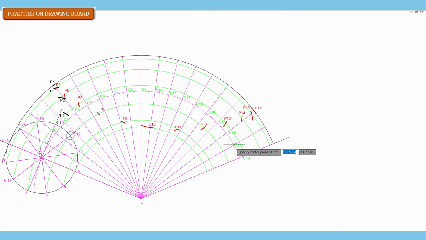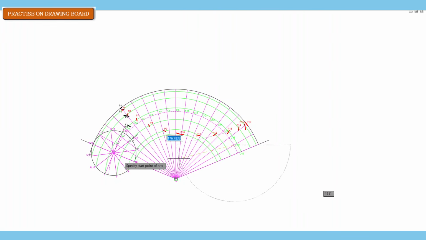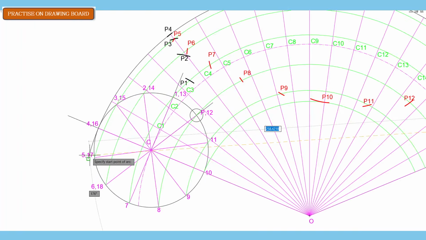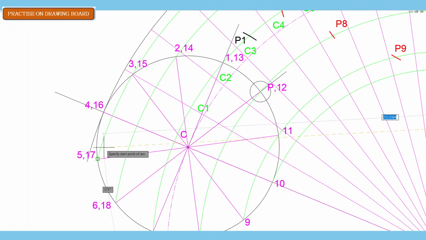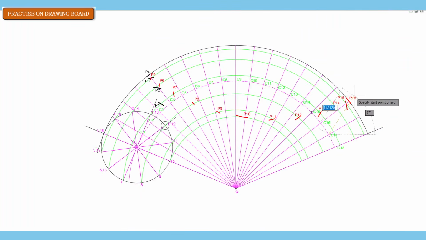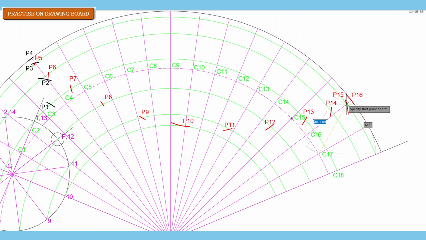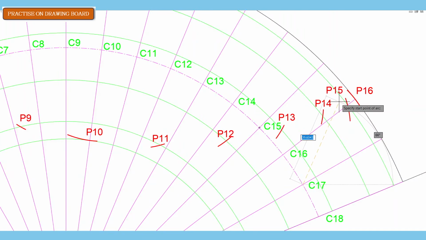So from center 17, I need to draw an arc on the 17th arc, and the 17th arc is also the same as the 5th arc. So radius is still 40.